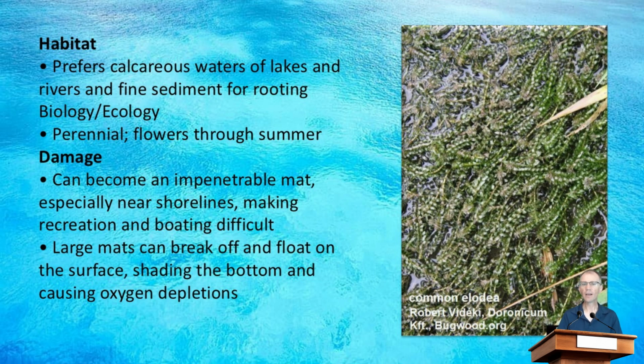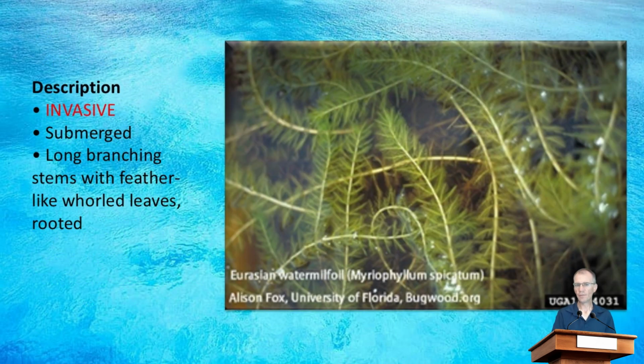Damage: can become an impenetrable mat, especially near shorelines, making recreation and boating difficult. Large mats can break off and float on the surface, shading the bottom and causing oxygen depletions. Description: invasive, submerged, long branching stems with feather-like whorled leaves.